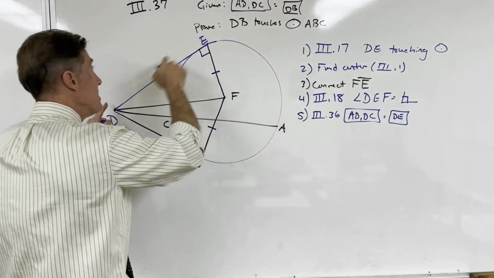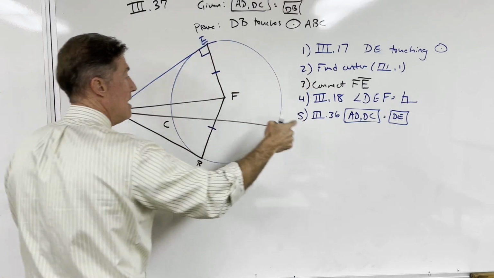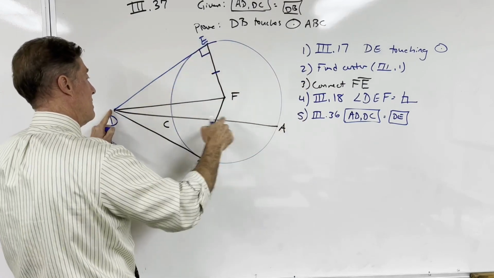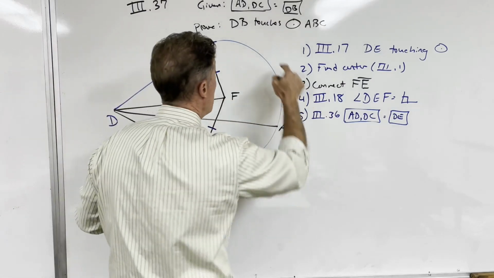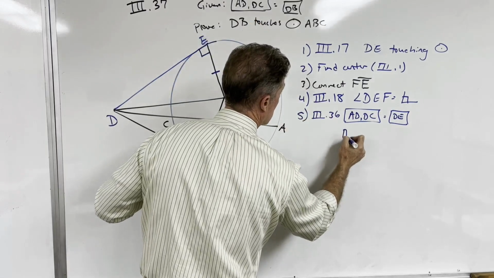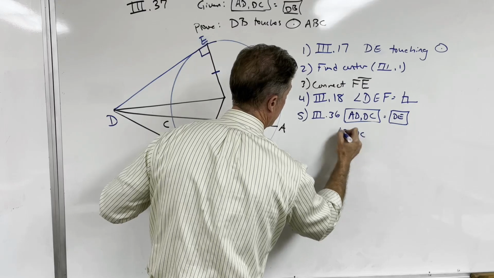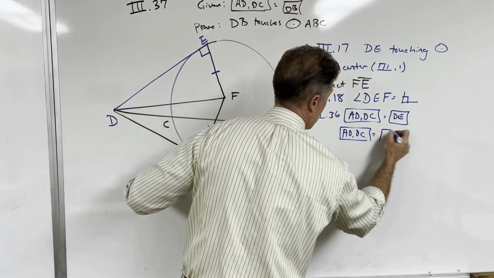So since we created this touching line, we can invoke Prop 36 that says the rectangle contained by AD, DC is equal to the square on DE. But it's also given that the rectangle contained by AD, DC is equal to the square on DB.